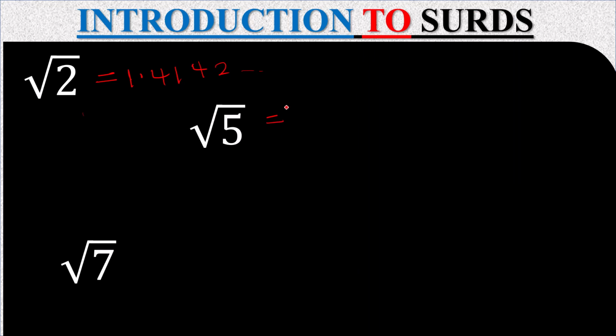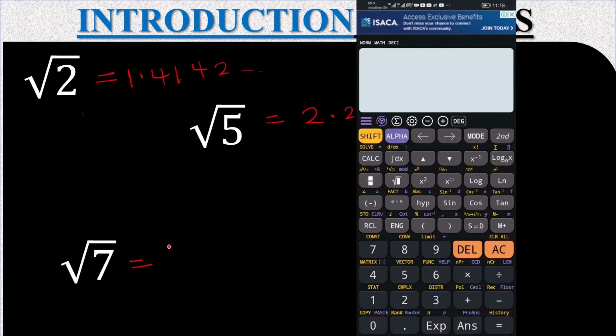We are getting 2.2360. Now let's look at the square root of 7. It's also giving us 2.6457.